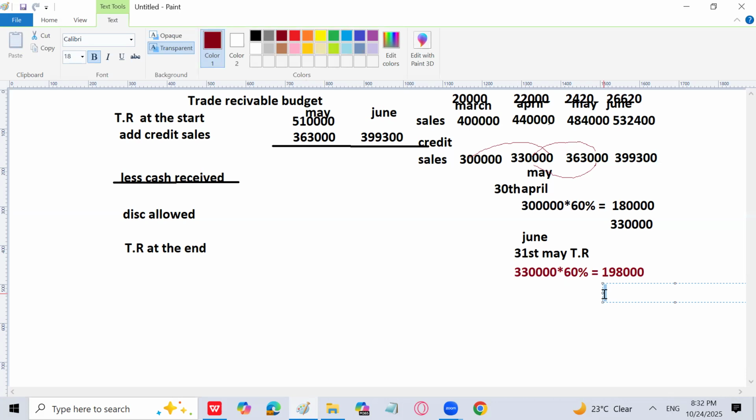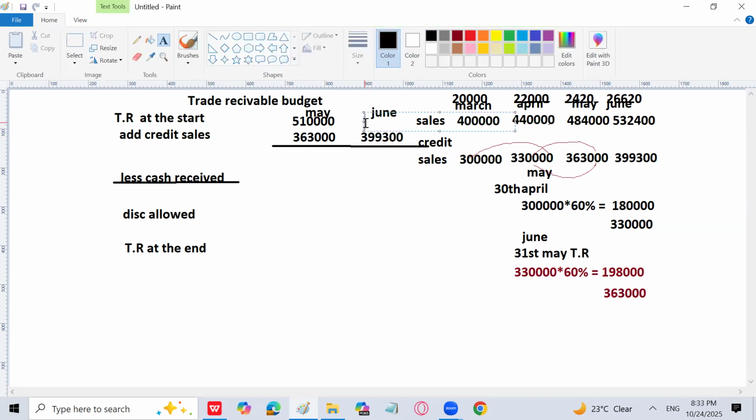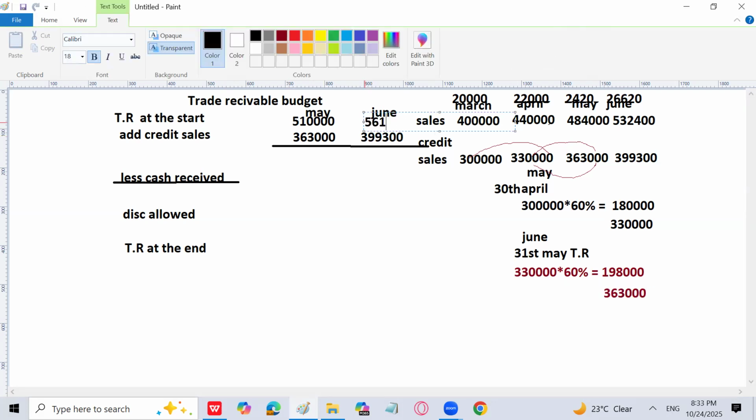Because 40% are supposed to pay in June, and the remainder 60% are going to pay in July. So all the sales of May is going to be our trade receivables. So the total of this 561,000 is going to be the trade receivable at the start of June.